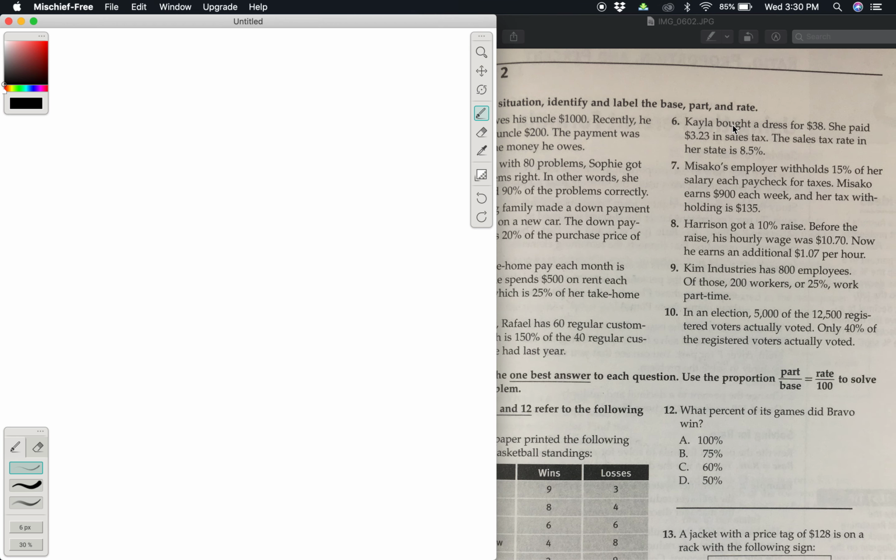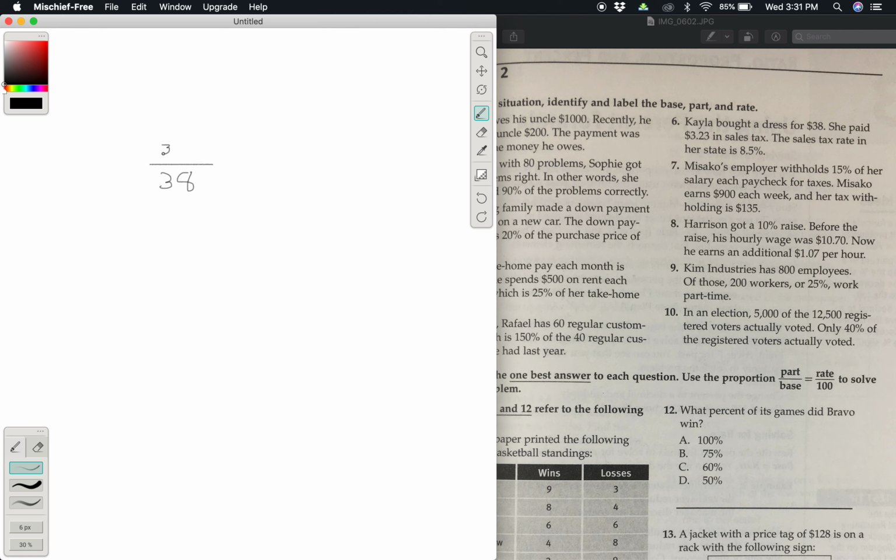Now we have Kayla bought a dress for $38. She paid $3.23 in sales tax, so that's part of the $38. The sales tax rate in her state is 8.5%. So that gives you that right away. The rate is 8.5. So 38 is the base.